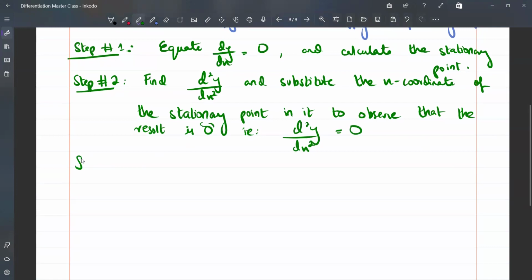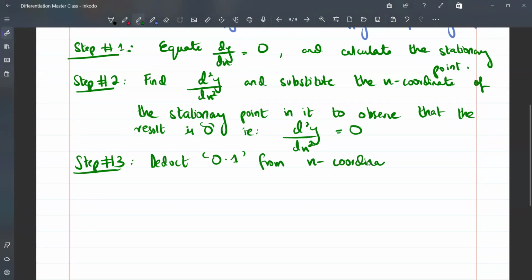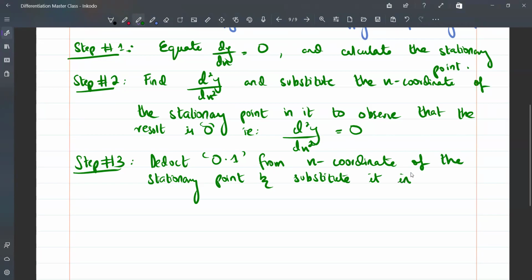Then apply step number 3. Deduct 0.1 from the x coordinate of the stationary point and substitute it in dy over dx.